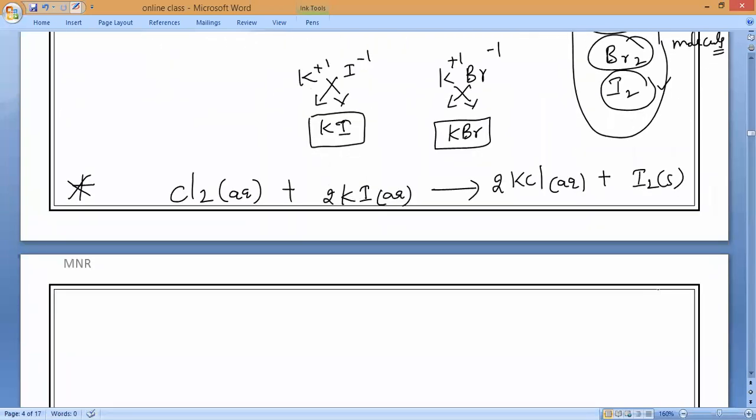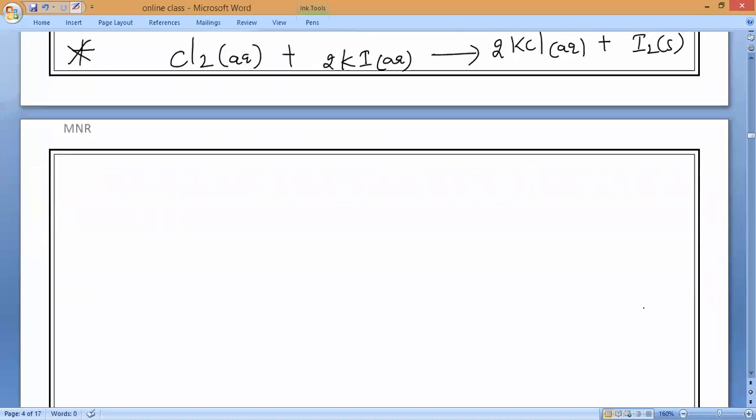So that is what you have to remember. These are the different types of displacement reactions, the examples of displacement reactions which can be carried out by non-metals also. This is all you have to understand regarding the displacement reaction.